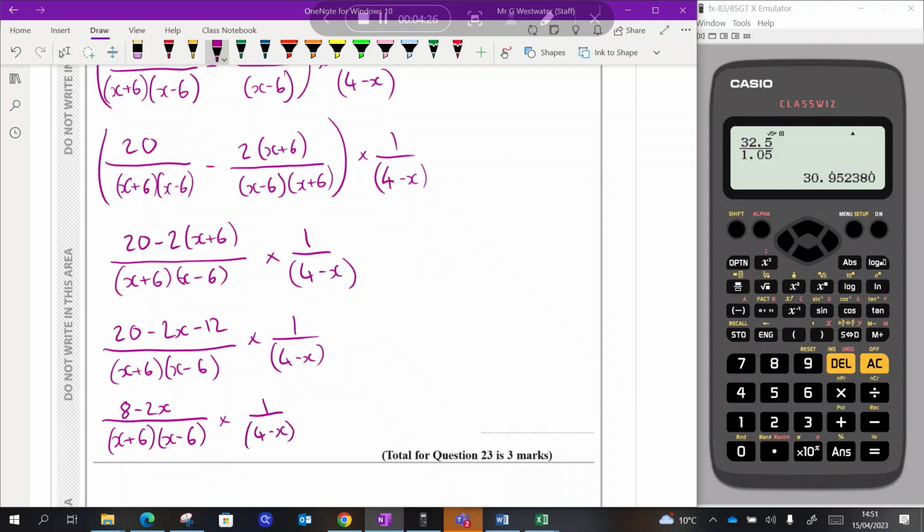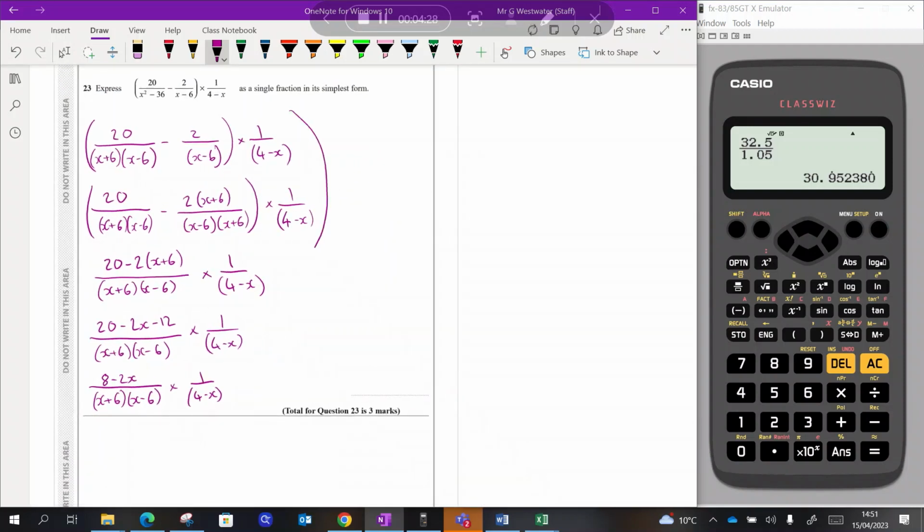Now, I am running out of space a little bit, so I'm just going to cut this in half as much as I can. Now, you might not think this simplifies any further, but actually what we can do is we can factorize this top here.